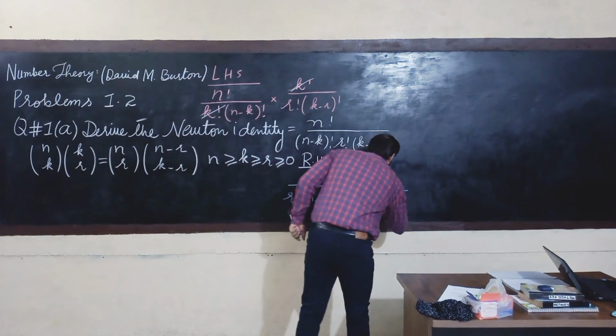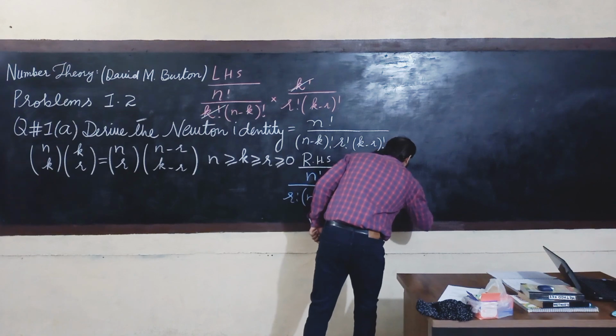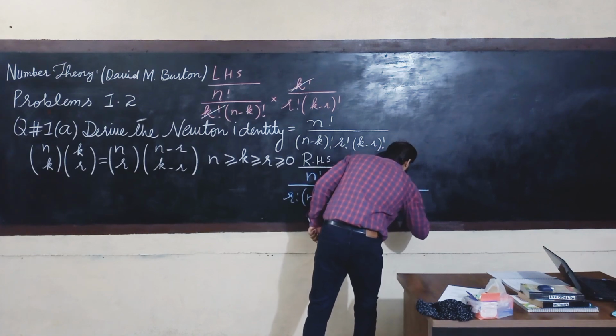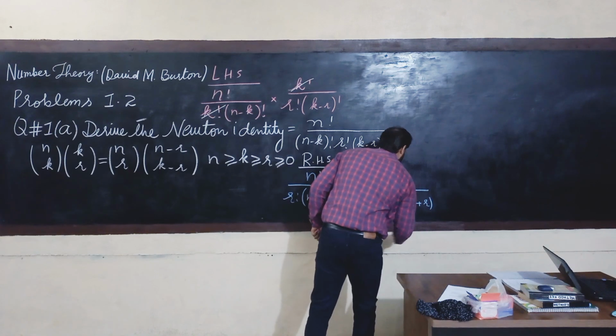This is equal to n minus r minus k plus r factorial.